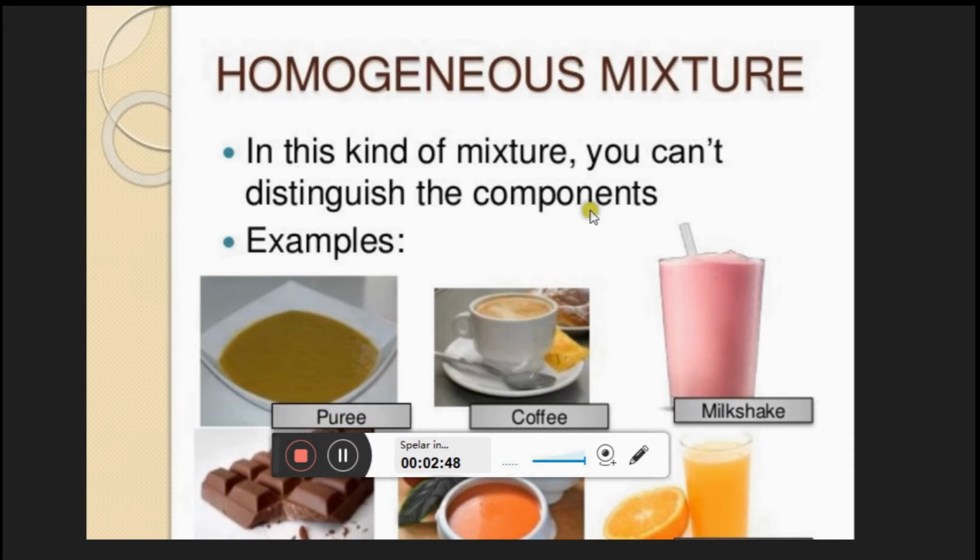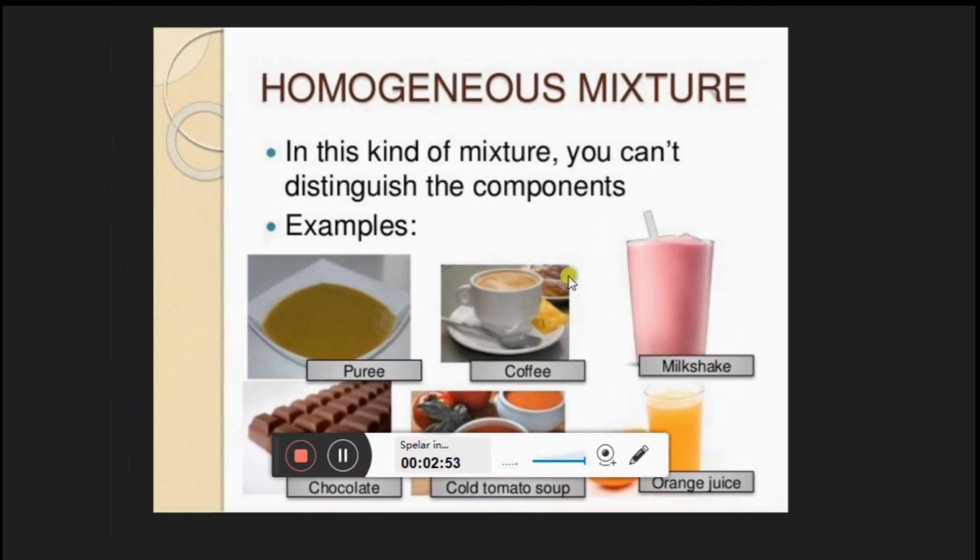It will be uniform in the whole mixture. Just like you can see here: puree, coffee, milkshake, chocolate, cold tomato soup, or orange juice. These are all homogeneous mixtures. That means you cannot differentiate or distinguish the components.